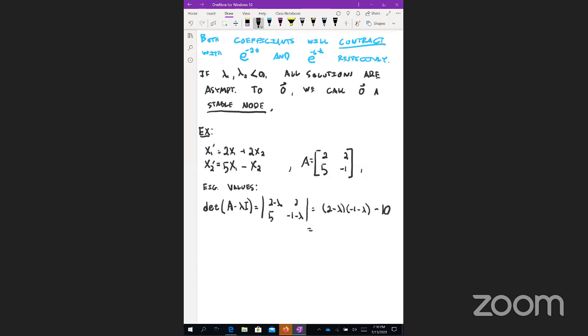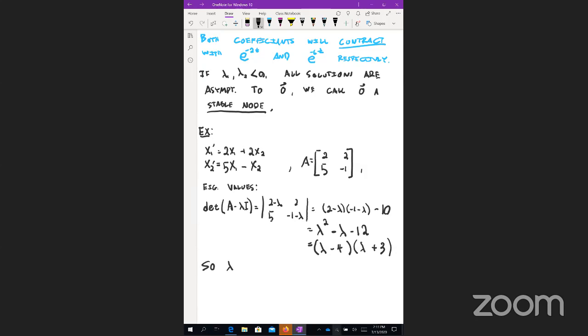And that is lambda squared minus lambda minus 2 minus 10, so minus 12, which we factor to be lambda plus 3 times lambda minus 4.